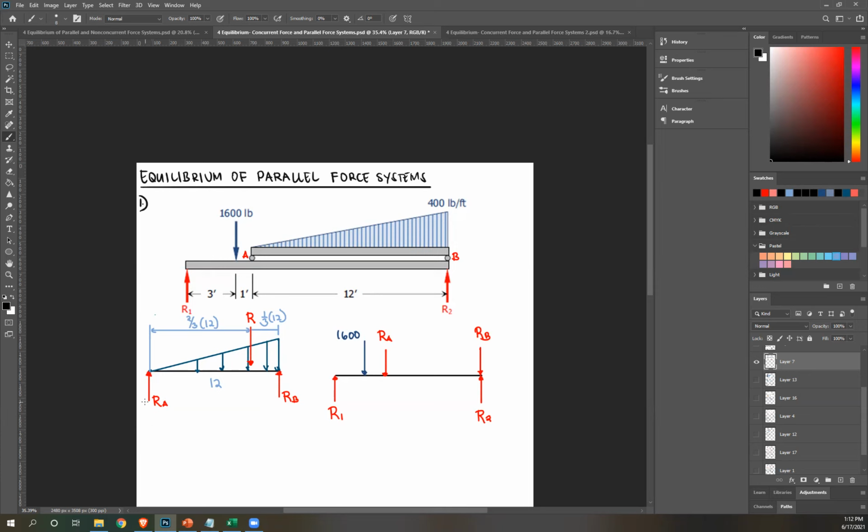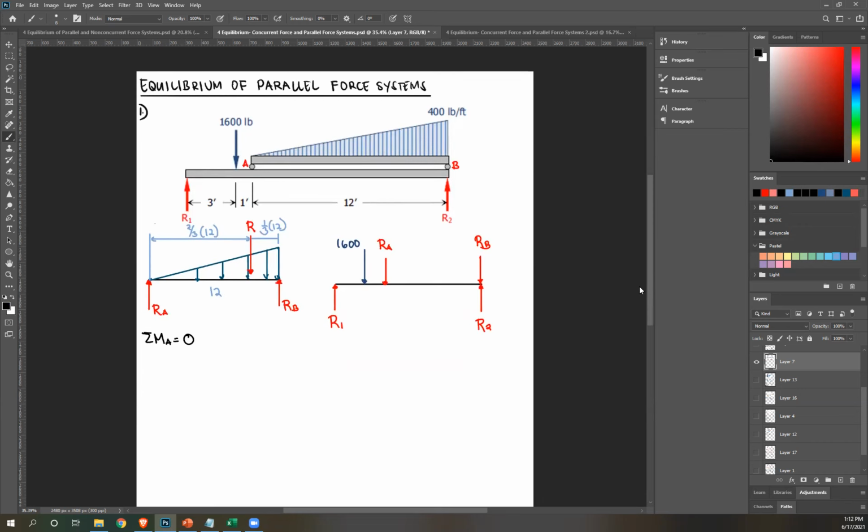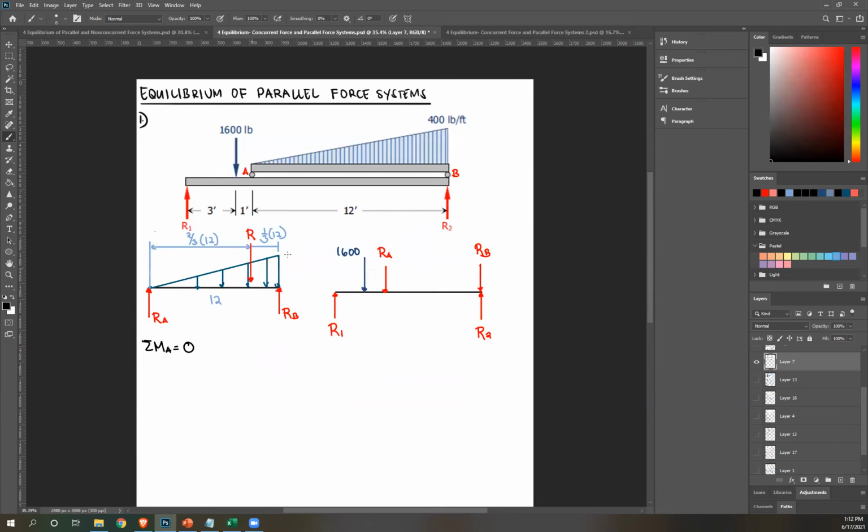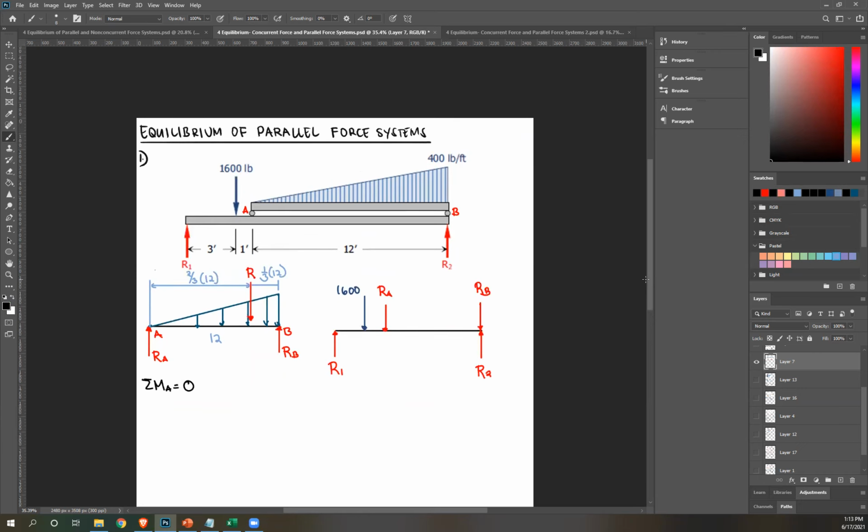So we can try moment at A, and then equate that to 0. Summation of moment at A equals 0, therefore RA, so this is A, this is B. RA passes through A, so ignoring that, move on to the next forces. Next is R. Rotate that about A.